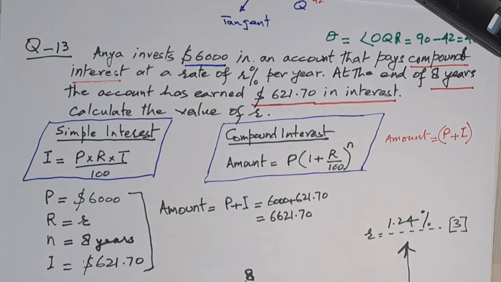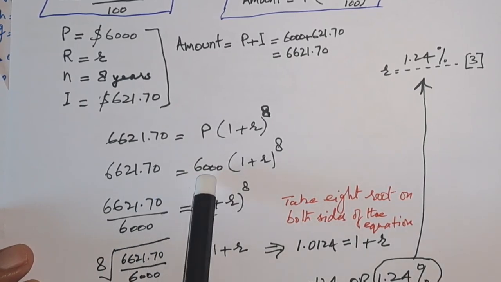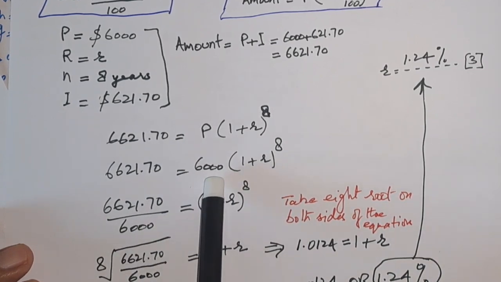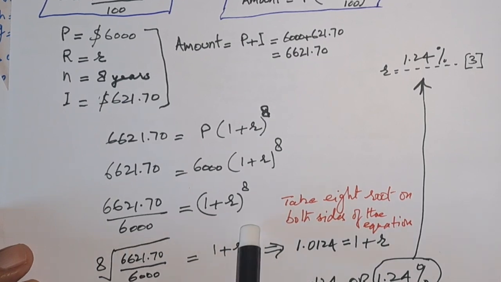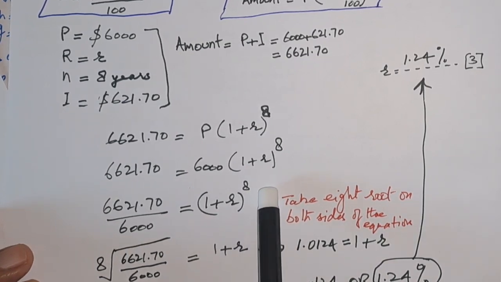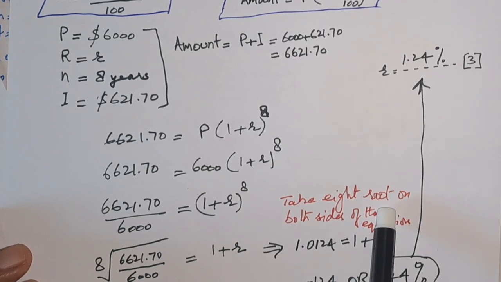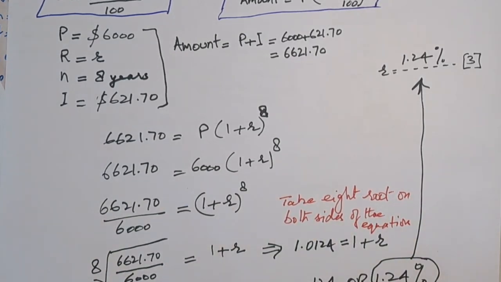Then we solve it, and when we are here, I bring 6,000 here, cross multiply. Here it was in the numerator, so it comes to denominator here. And then this power of 8, we take 8th root on both sides of the equation.